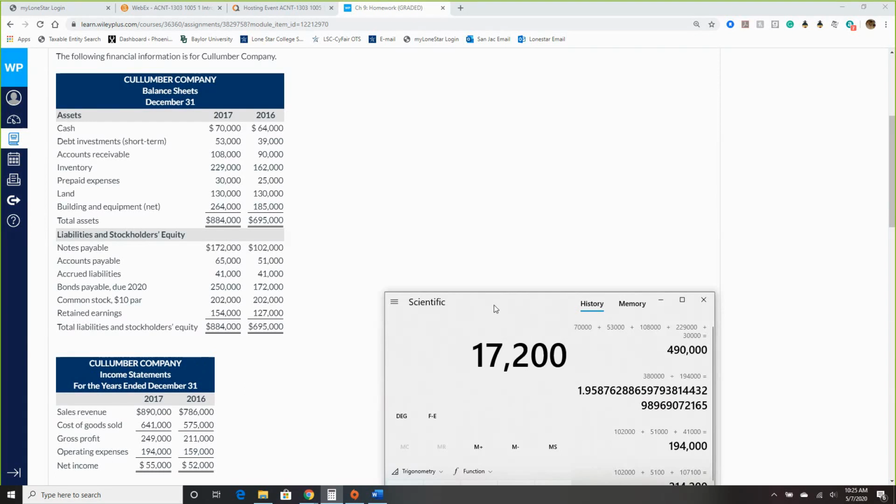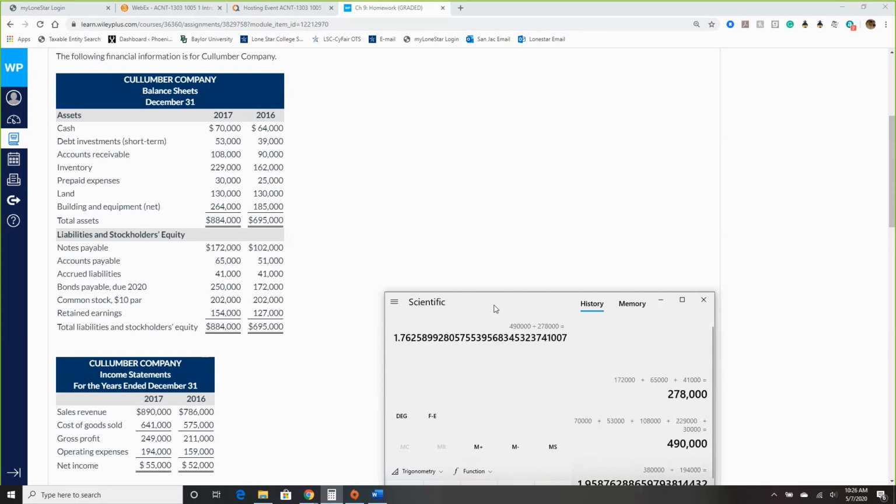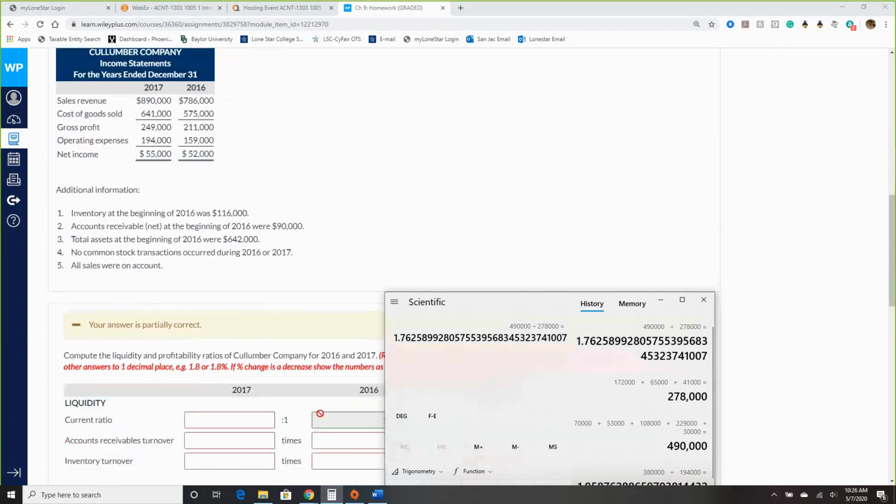Current liabilities: accounts payable plus accounts payable plus accrued. There's our 278. So next we take our current assets, divide by our current liabilities. We end up with 1.76.